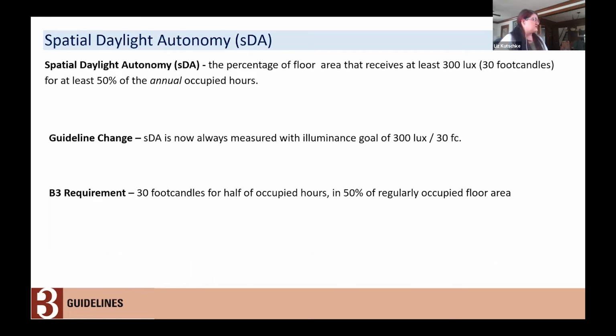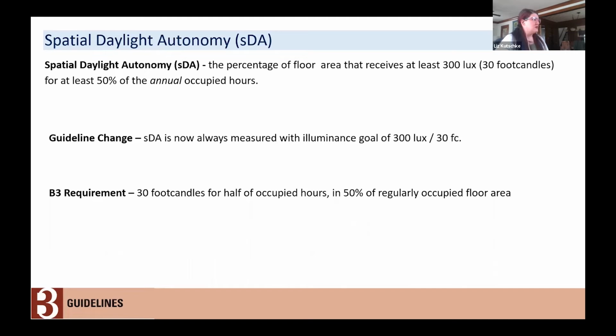And as I mentioned, we are changing our guideline language to specifically define the spatial daylight autonomy as that 30-foot candles for 50% of the occupied hours threshold, rather than having the foot candle threshold be variable based on the use of the space. So the B3 requirement is essentially the same with slightly less complicating factors to it.